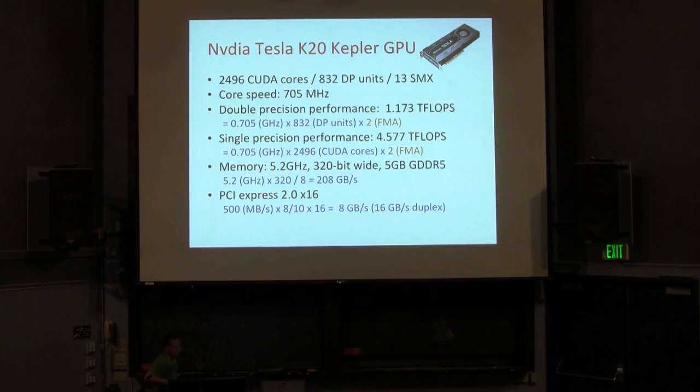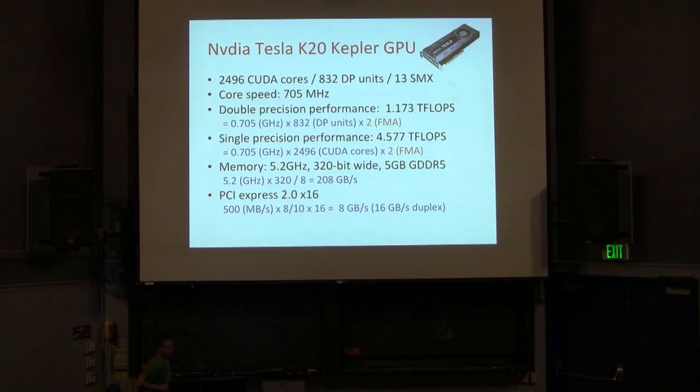All right. So here is also a quick summary of the latest NVIDIA GPU based on the Kepler architecture. Each one of them has 2,496 CUDA cores, but only 1/3 of that are double precision units. So this also gives you some constraint on the GPU performance, right?